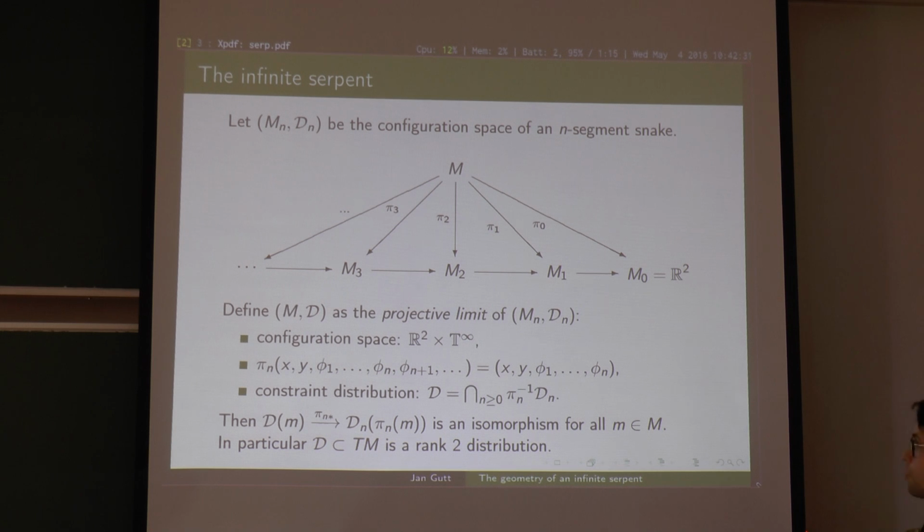Perhaps I will comment on this later. Basically, all the meaningful statements you could make about the infinite dimensional snake always have to be stated in the language of finite length snakes. So you can never utter a sentence that involves infinitely many segments.